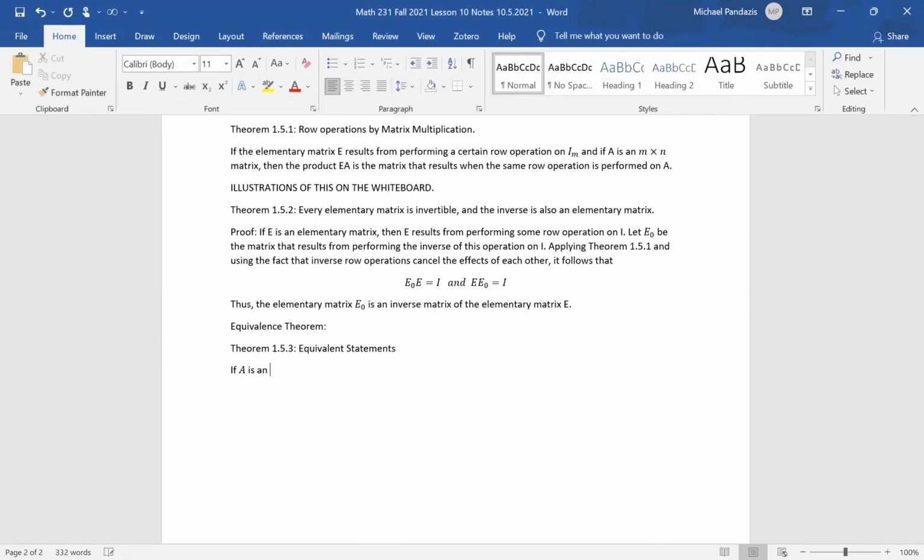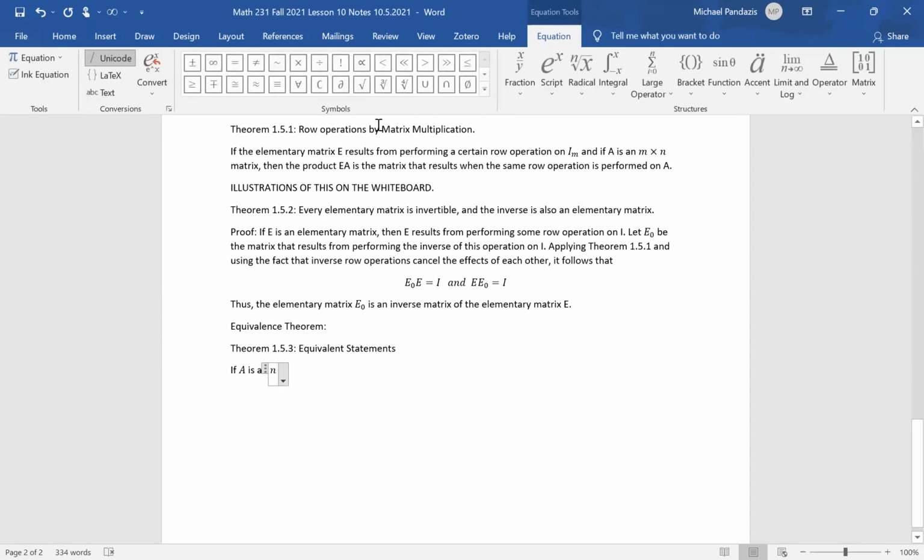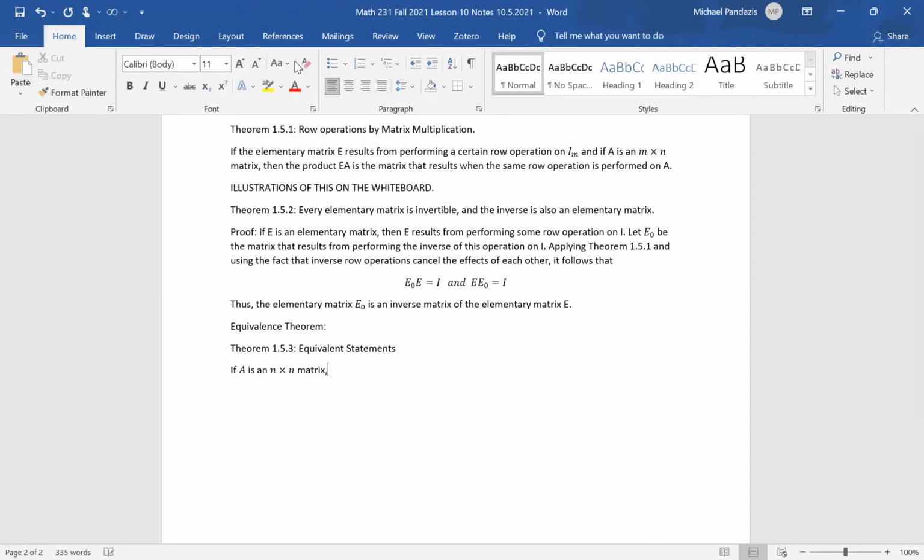If A is an n by n matrix, then the following statements are equivalent. That is, all are true or all are false.